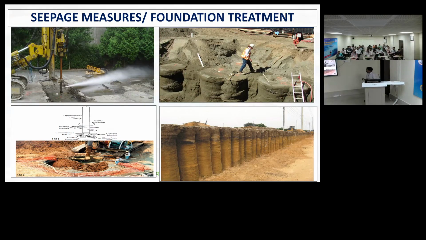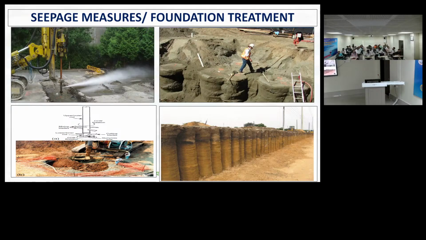Sometimes, apart from the diaphragm wall we have made, you can have high pressure grouting also. This is called jet grouting. Jet grouting makes columns like this.